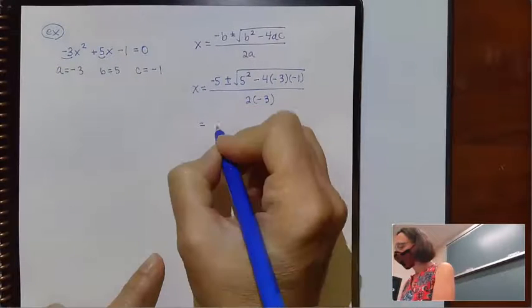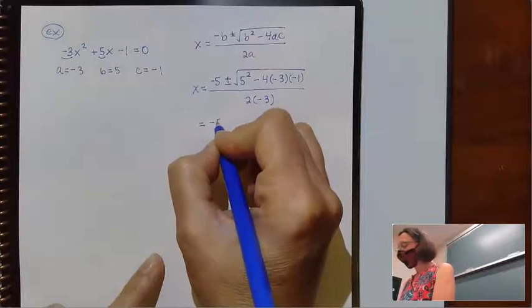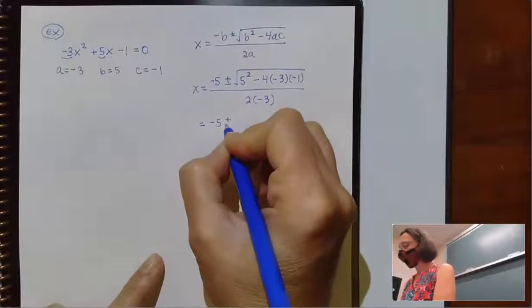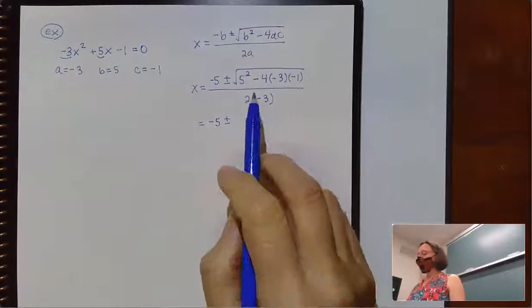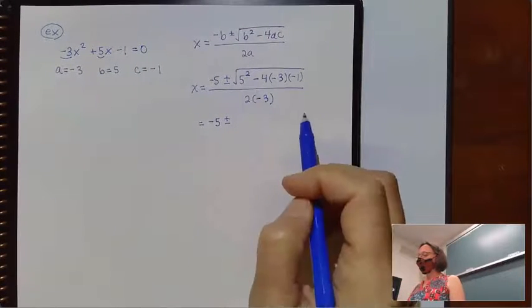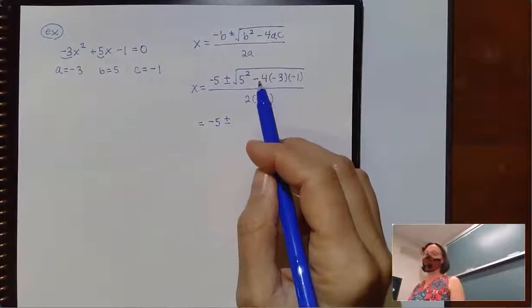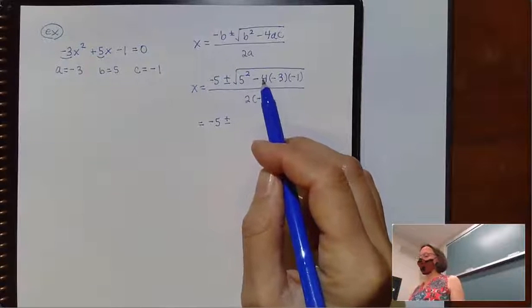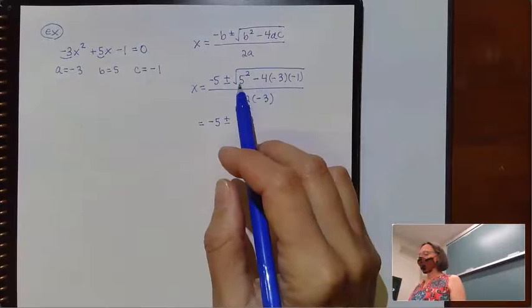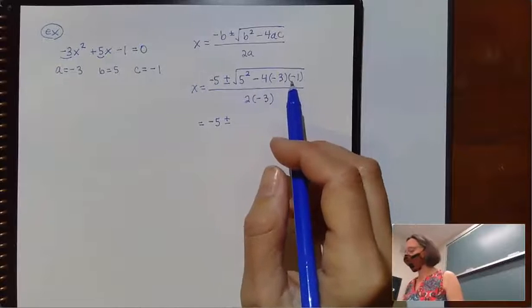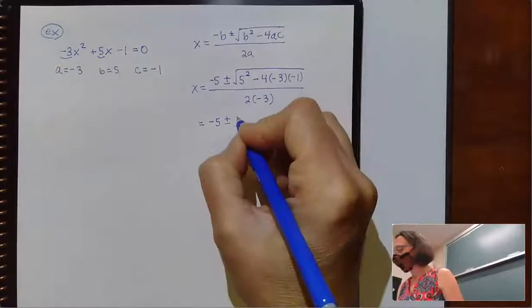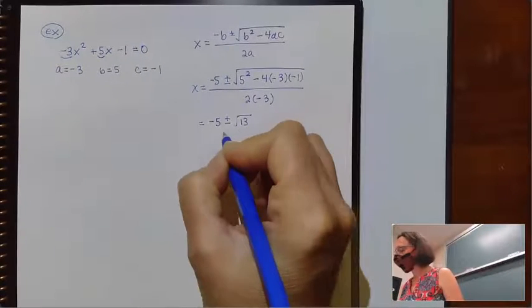And if I start to simplify that, that looks like -5 plus or minus, inside of the square root, 5 squared is 25. A minus, and another minus will stay subtraction. So that's 25 minus 12. That sounds like 13 to me.